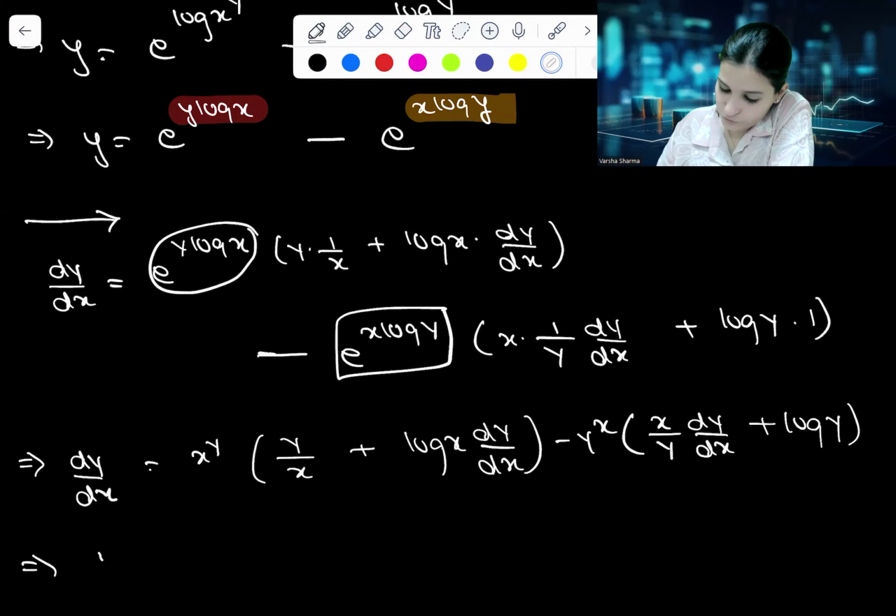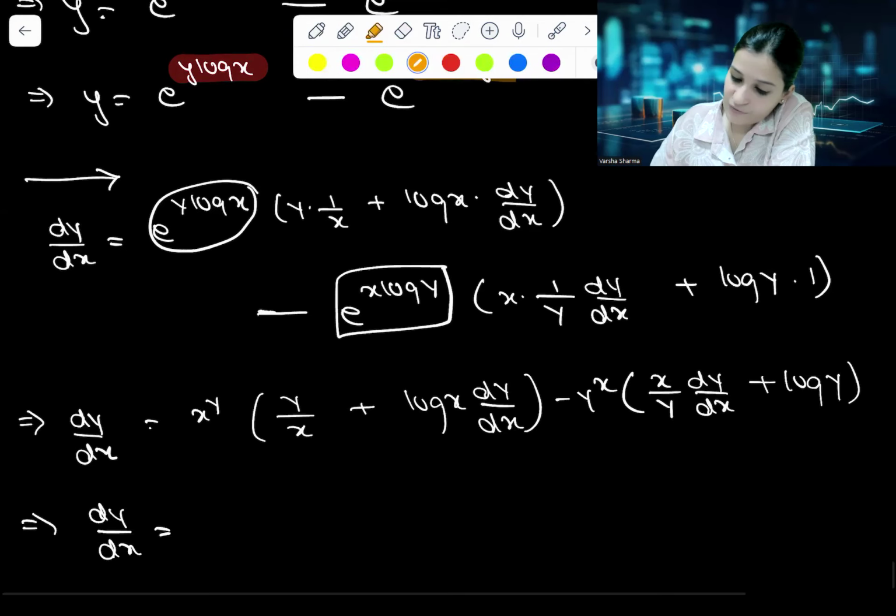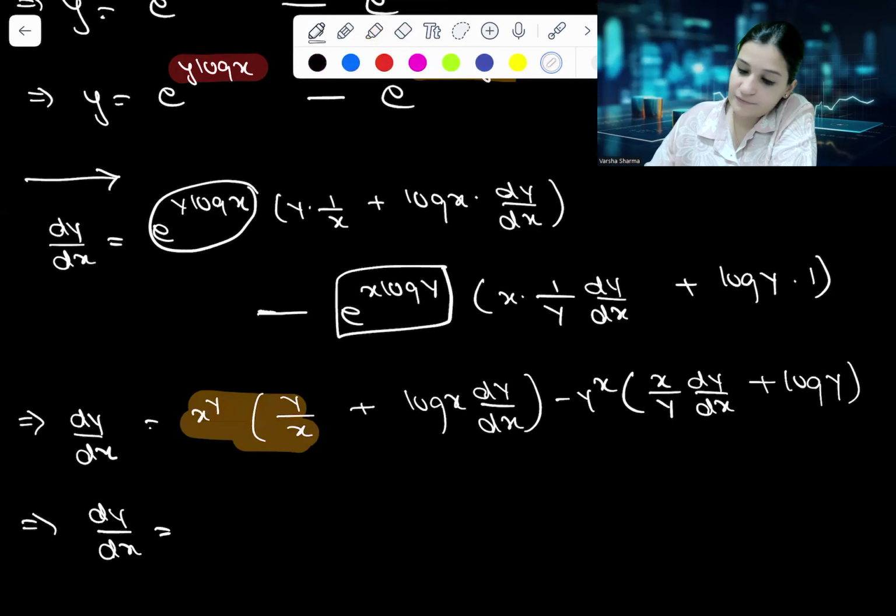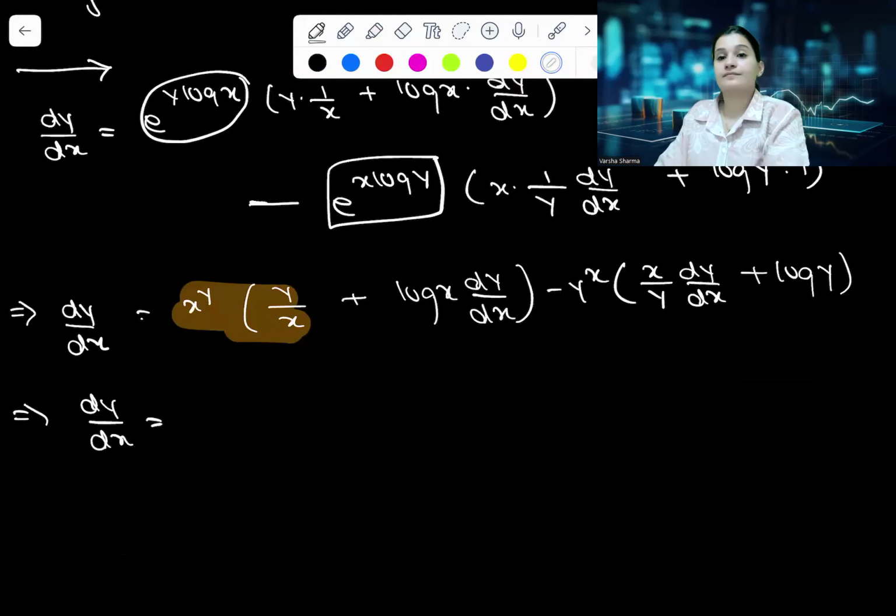Now let's open the bracket so that I can later take dy by dx common. Can you tell me what I will get if I simplify this? y will be y, but same base division, power will get subtracted.